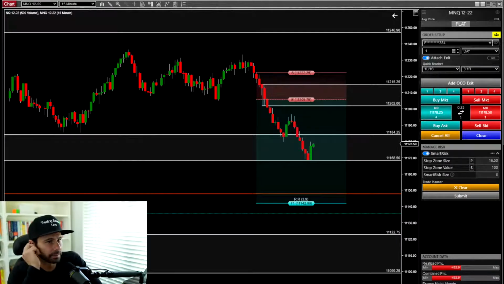No, the tick chart is making lower lows every time it drops. So until I have a divergence, I think this thing might drop.